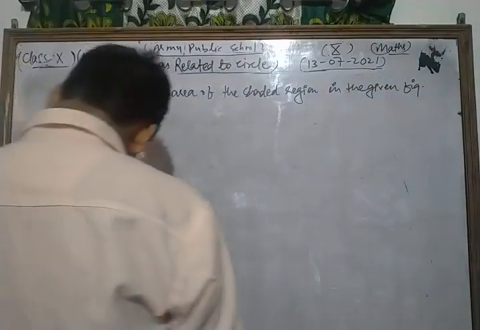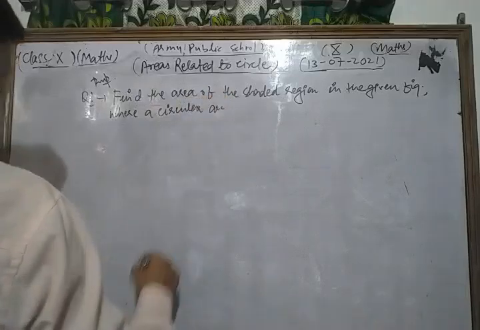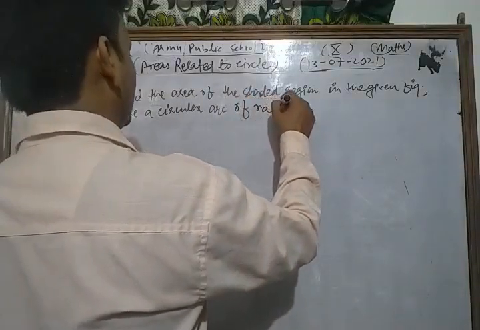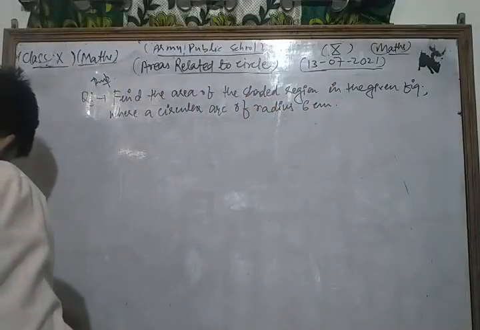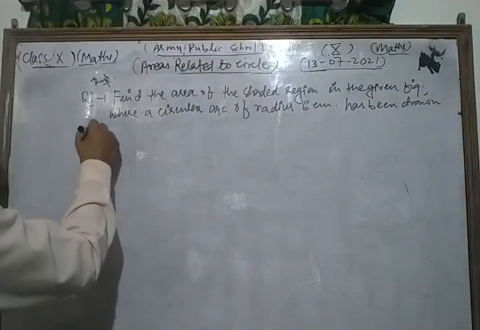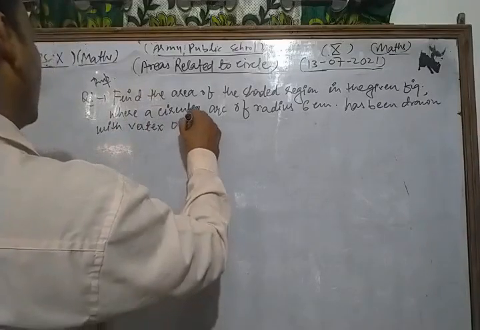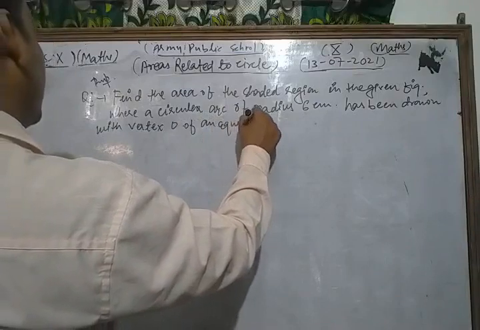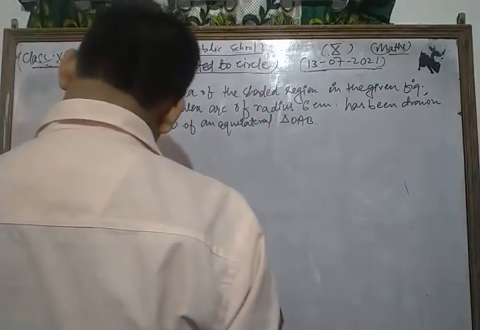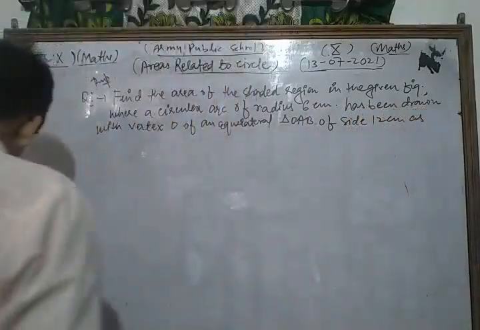In the given figure, a circular arc of radius 6 centimeter has been drawn with vertex O of an equilateral triangle OAB of side 12 centimeter as center.